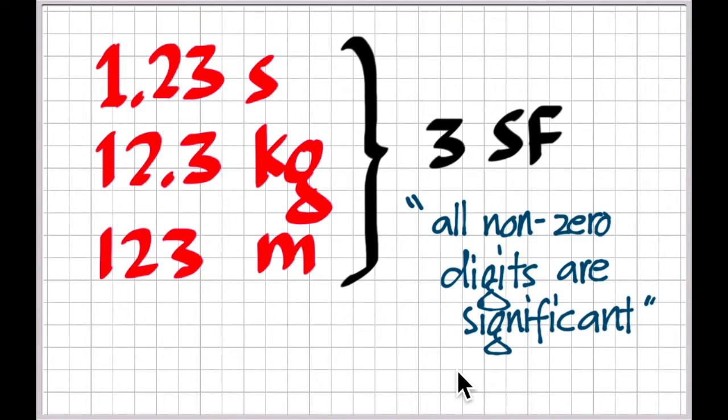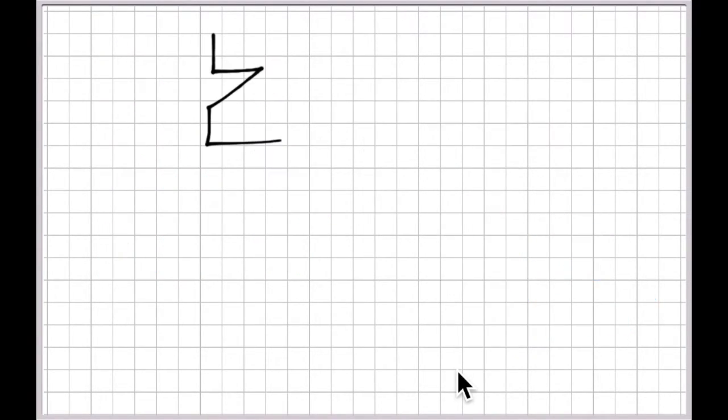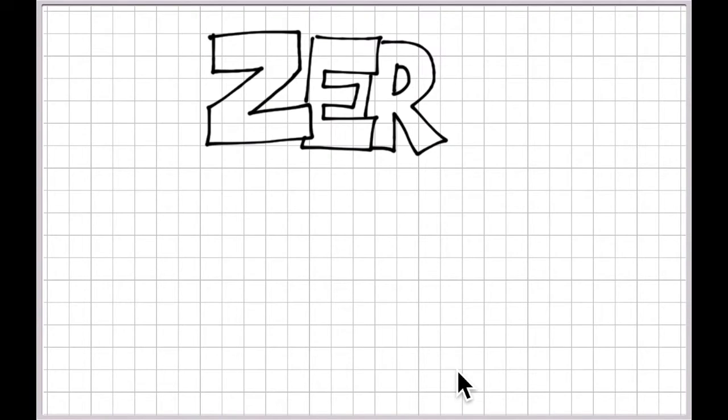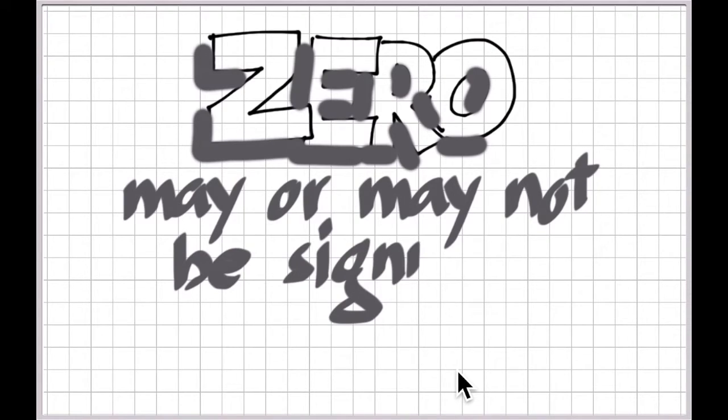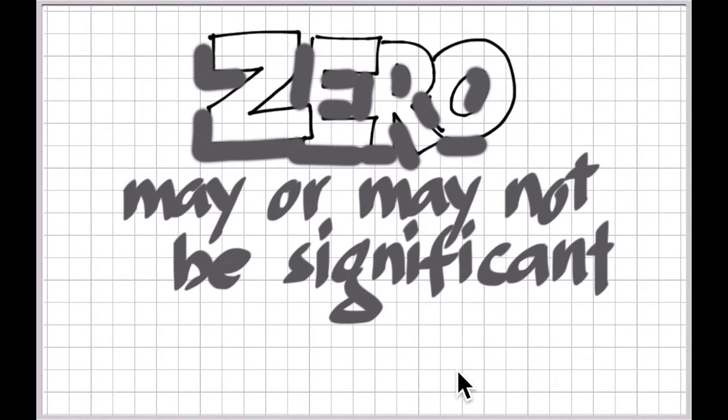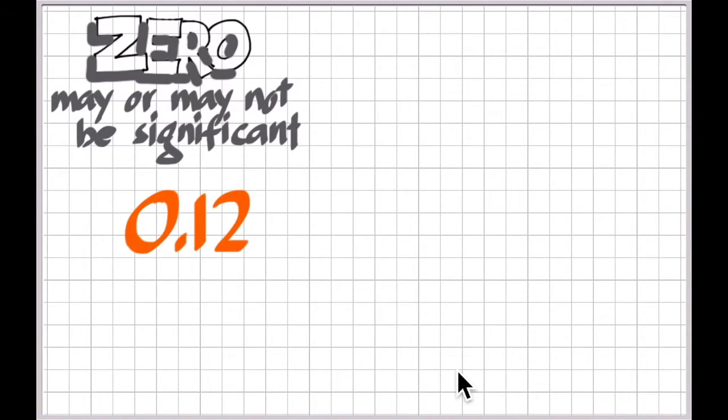Remember that all non-zero digits are significant. Now, in the case of zeros, it may or may not be counted as a significant figure depending on its purpose in the number. In some resources, whether these zeros are significant or not depends on where these zeros are in that particular number. Let us consider these examples, 0.12 and 0.012.